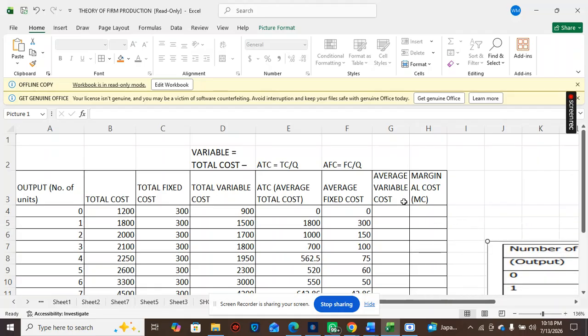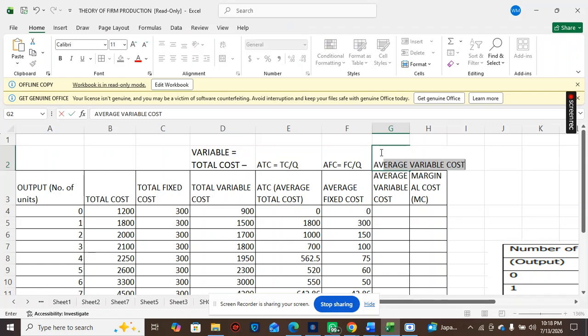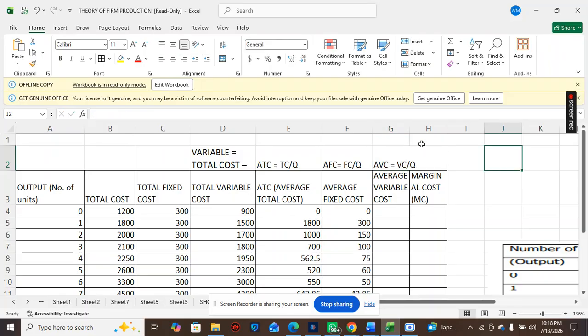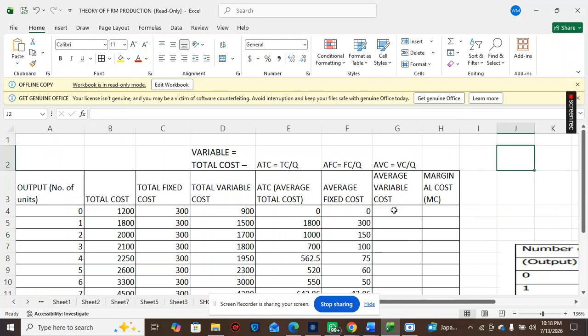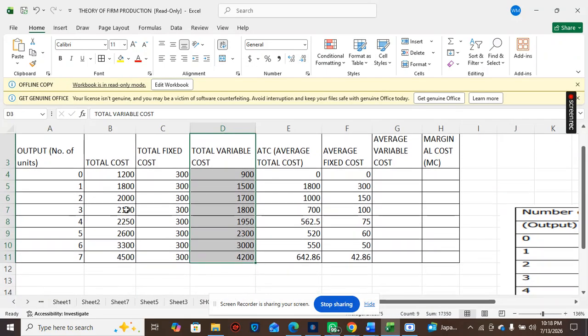All right. Average variable cost. You can say average variable cost is your variable cost divided by Q. Yes, your total variable cost, we're going to be dividing by the quantity.